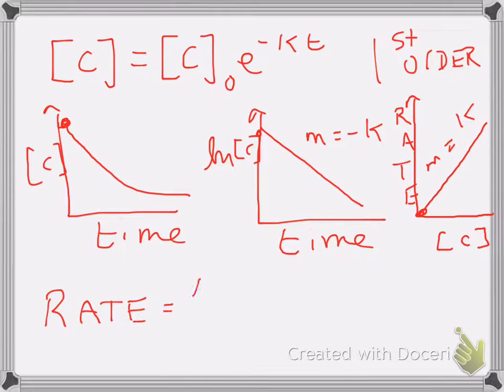The rate, the velocity of the reaction, is the change in concentration of C with respect to t, and it is equal to k times the first power of C. So that's why we would see a linear relationship of the rate of the chemical reaction with C.